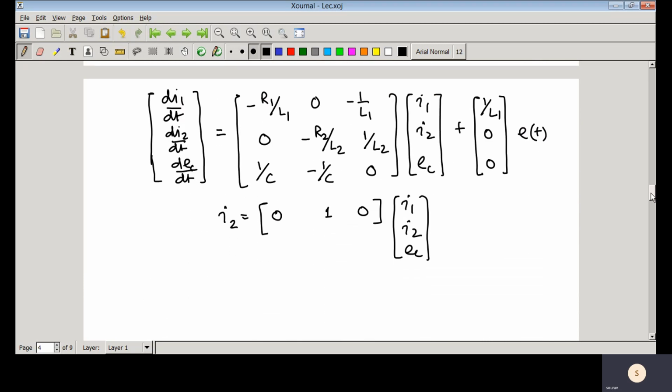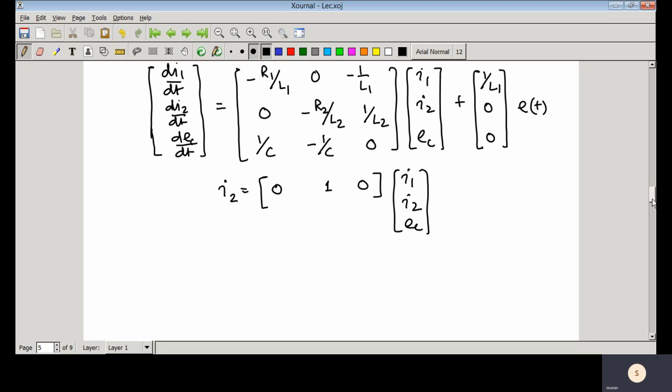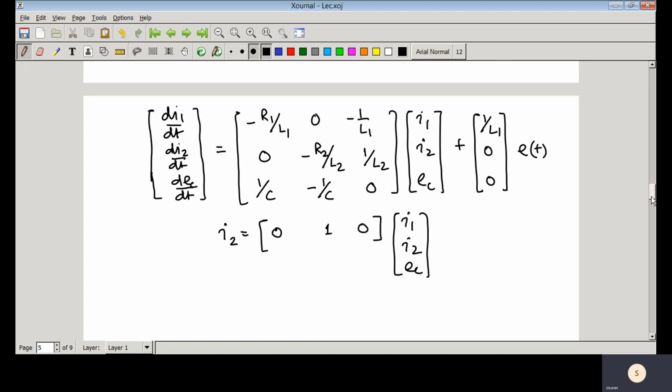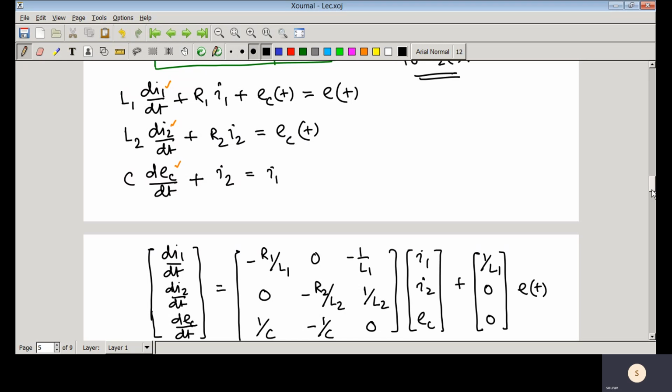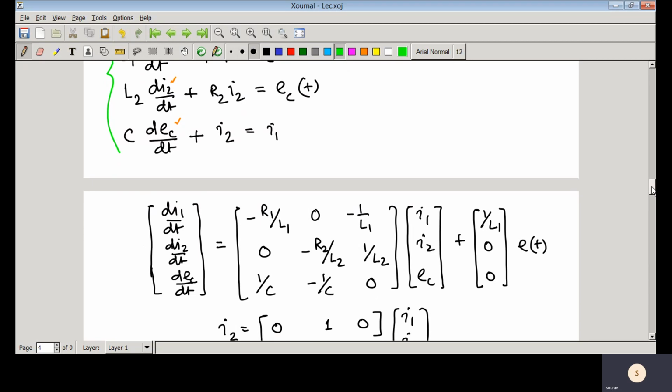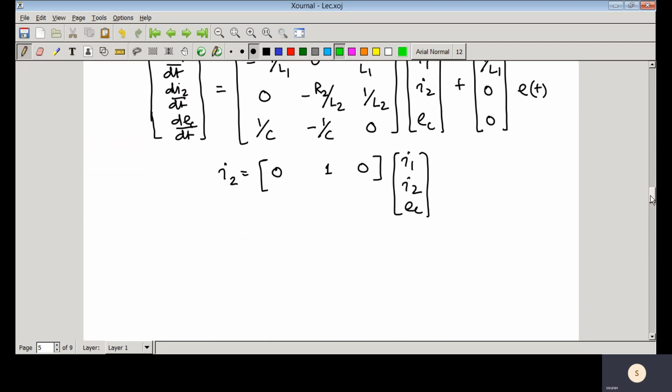Now we need to draw the signal flow graph. The signal flow graph you can easily do. If you look at these three differential equations, from here you can directly draw the signal flow graph. I am just drawing it.